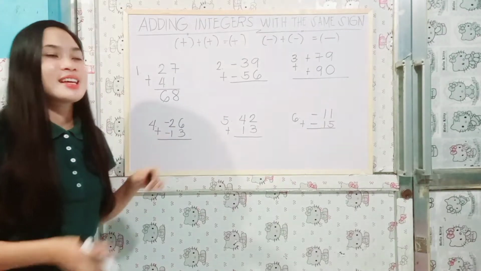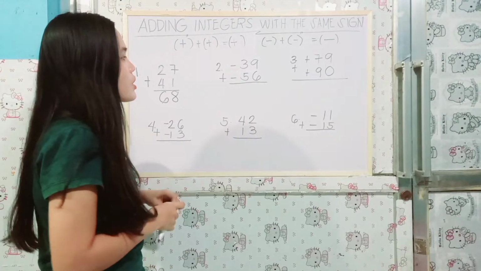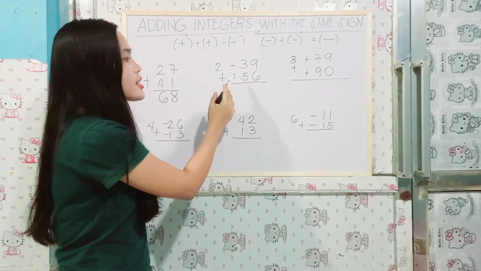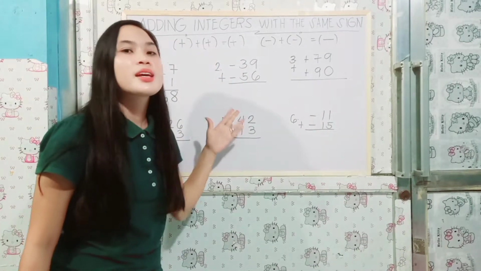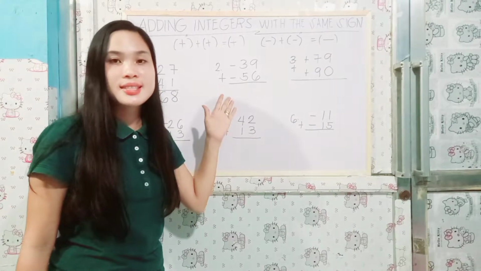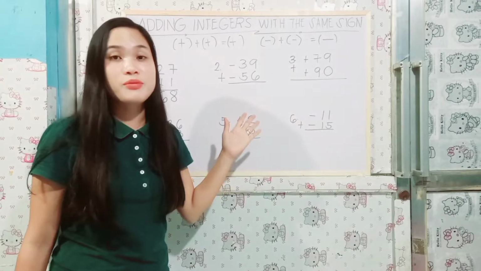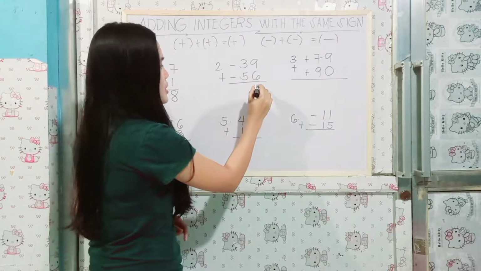Okay? So let's proceed to number 2. So we have here negative 39 plus negative 56. So as you have observed, our addends have the same sign, which is negative. So we will just add their absolute values. Okay? So 9 plus 6 is 15.